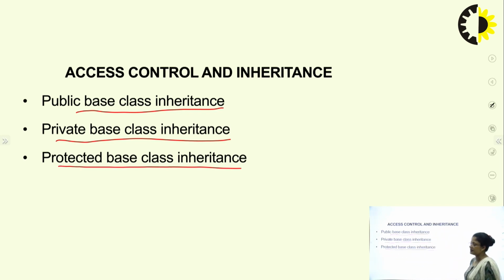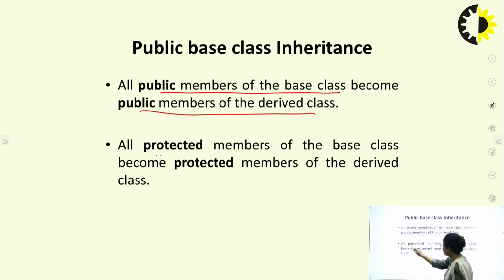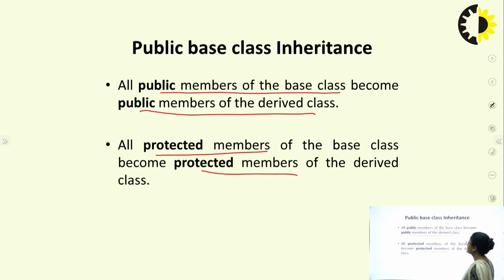These are the three scenarios that might happen. In public base class inheritance, all public members of the base class become the public members of the derived class. All protected members of the base class become the protected members of the derived class. I'll take it up more in one more slide.